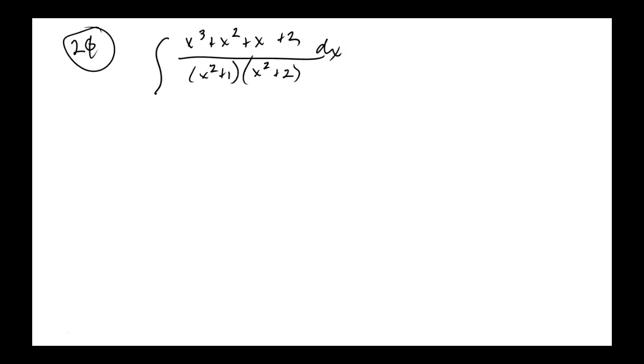So if using partial fractions, we're going to try to break this down. I don't want to write it again, so I'm just going to write it over here. That's going to be ax plus b over x squared plus 1, plus cx plus d over x squared plus 2.